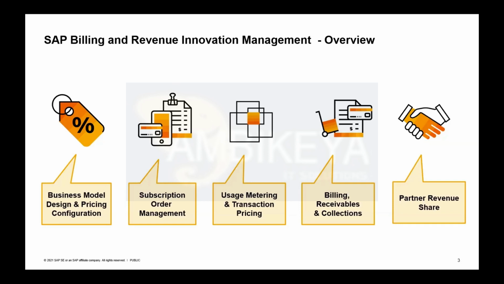But if we have a broader view on the B2B processes that can be covered by SAP Billing and Revenue Innovation Management, we also are able to support parcel industry, transportation, and we are also able to handle railway solutions and so on. So we have these BRIM solutions in a lot of different industries.